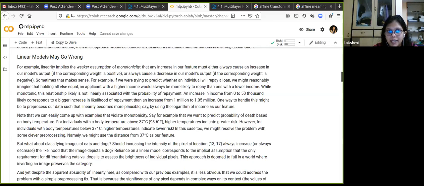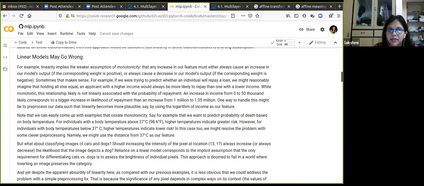So what they say here is, if we take a feature like salary or income, then with an increase in salary, the probability will be higher that the person will repay the loan.